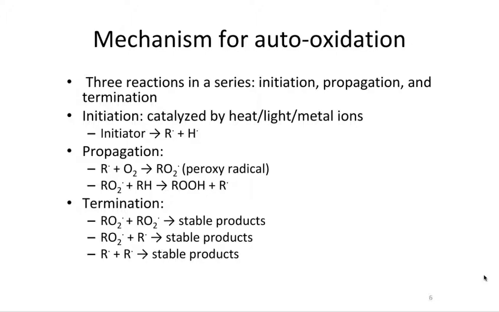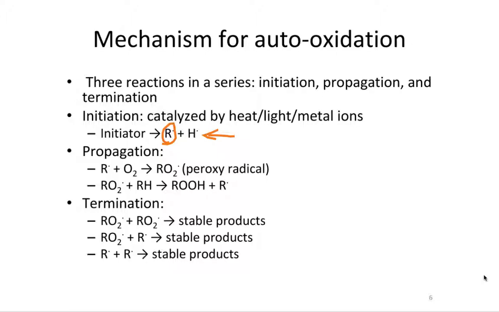So typically, autooxidation proceeds through a series of three reactions, starting with initiation, propagation, and ending with termination. So initiation is typically catalyzed by heat, light, or metal ions. The initiator gets converted to R dot plus H plus. R dot is the free radical, as is shown in this equation.